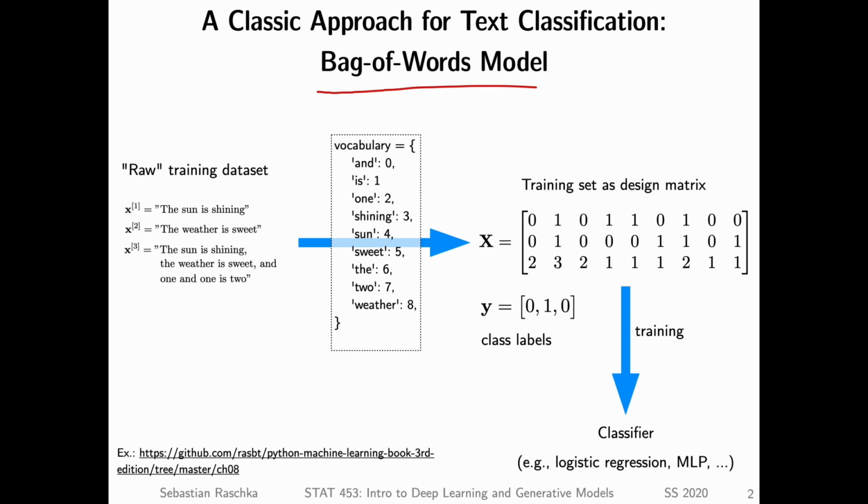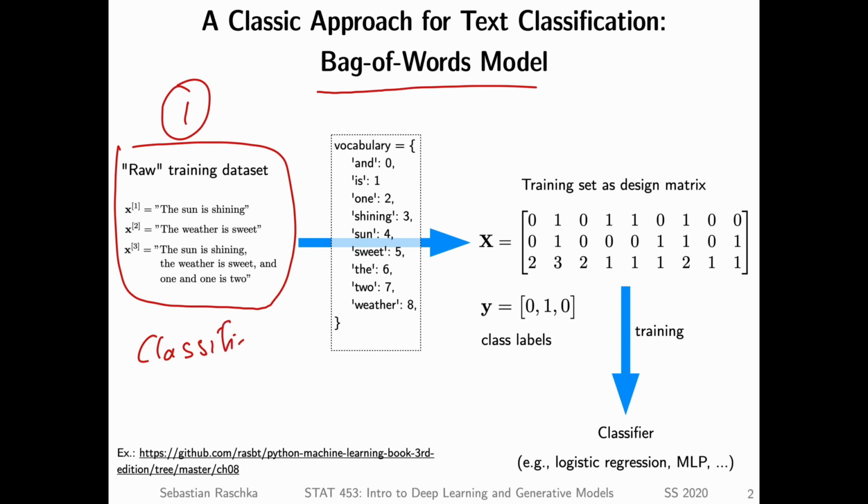So in this classic approach, what we did is the following. Let me go through this step by step. Let me label this as step 1. So we obtain a raw training data set. Again, the goal is classification. We want to classify, let's say, whether a text is positive or negative, or any type of class label, could be a document category.